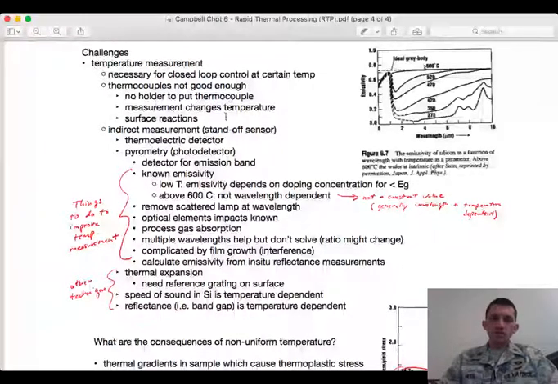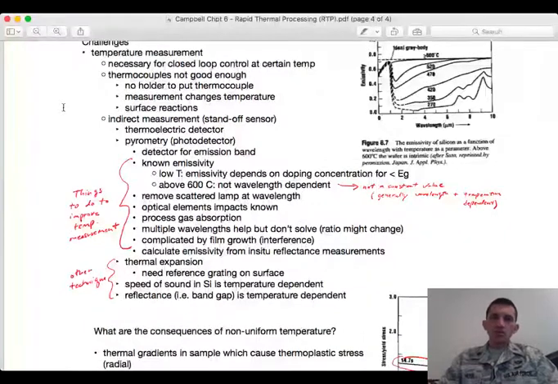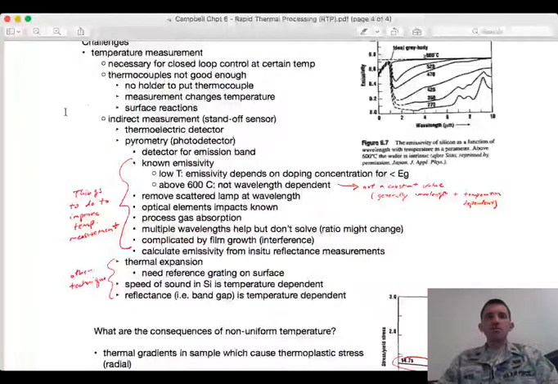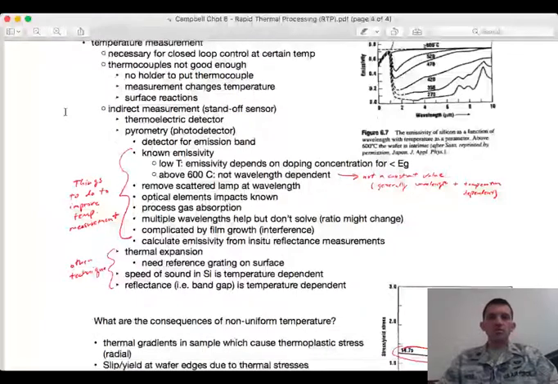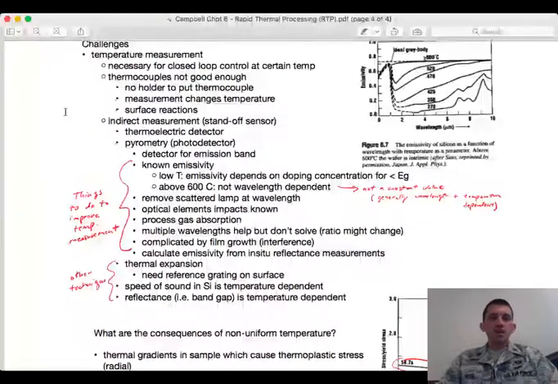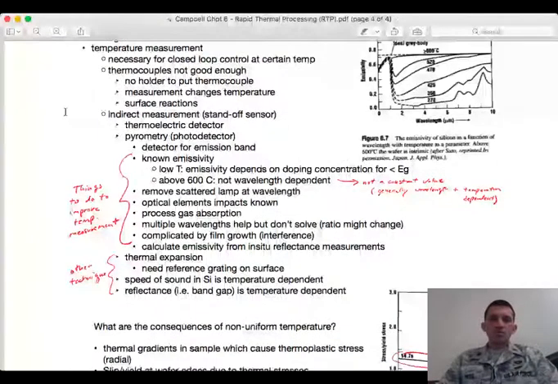And so this naturally changes the thermal distribution in the region around the thermocouple, and so the measurement itself changes the temperature of the surrounding material. And like I said, any opportunity for contact here is an opportunity for surface contamination. So thermocouples, contact measurements are not good.